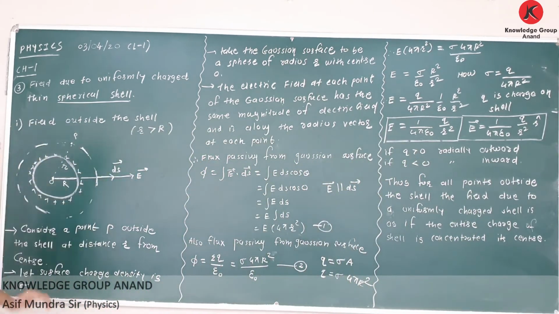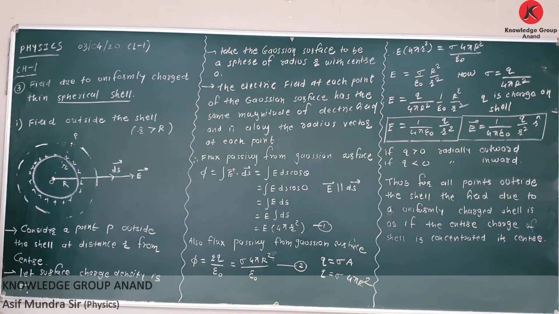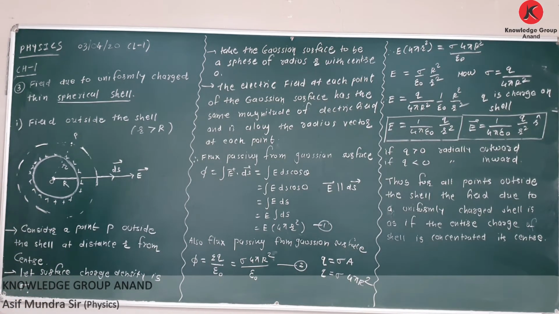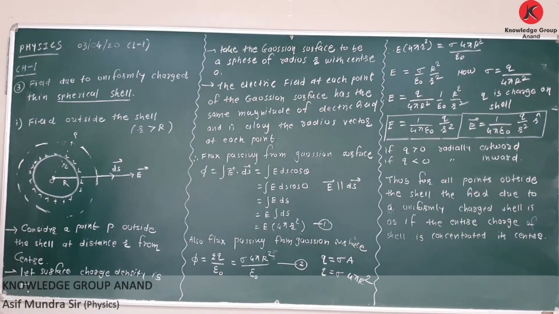So for outside points, electric field we calculate such that its total charge is concentrated at its center. So it is electric field due to thin spherical shell outside the shell.